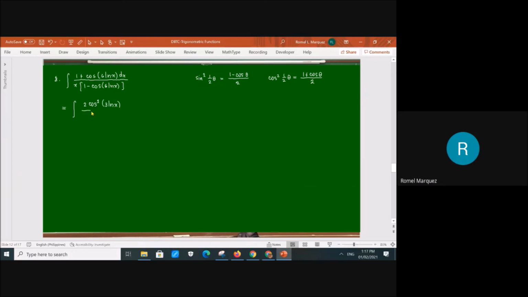Then over, what about 1 minus cosine? So ito yon. Kung 6 dito, this is 3 also, then times 2 the sine squared. 2 sine squared of what? Of 3 ln x. And then times what? Dx over x. Yung dx over x, potential differential yun ng ln. Okay? So I can have cancellation here. 2 is cancelled out.